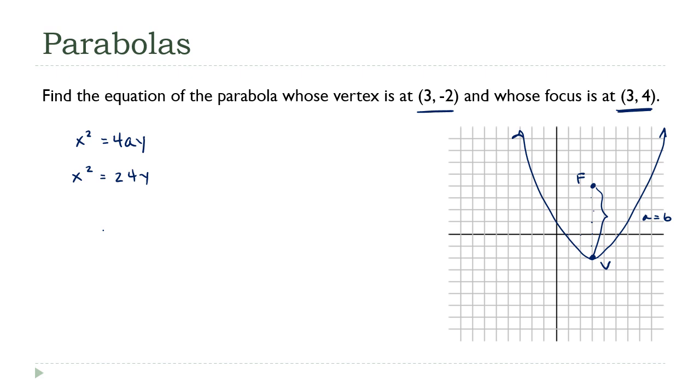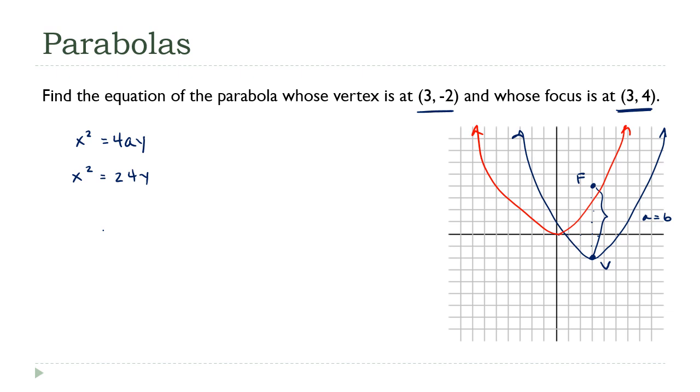Okay, so the parabola that goes with this equation looks identical to the one I'm trying to find, only it's over here instead of down there. Well, to get it there, I'm just going to do a translation. I need to go 3 units to the right.